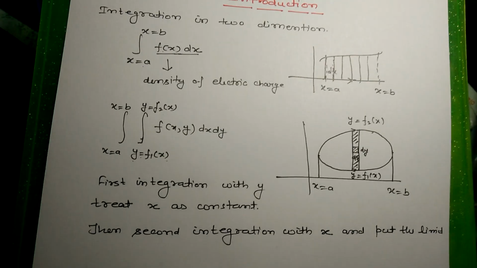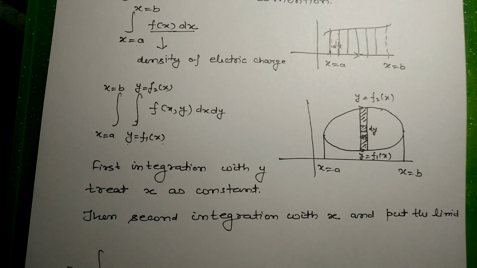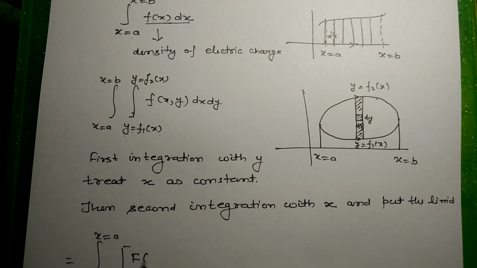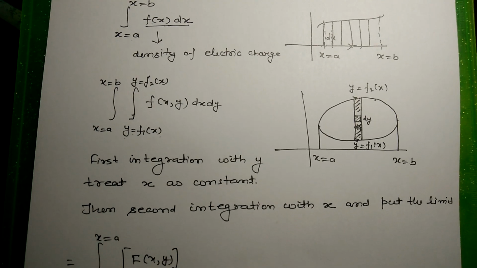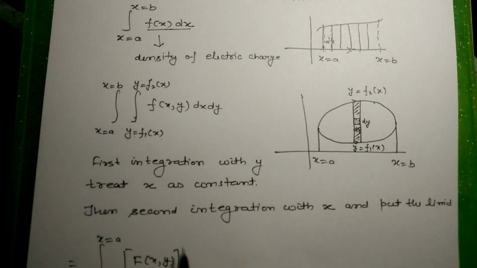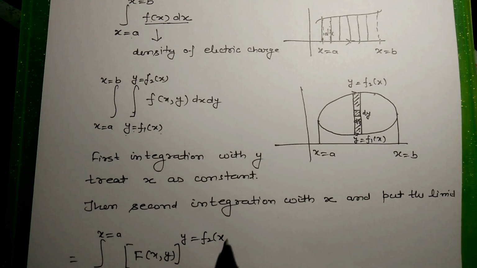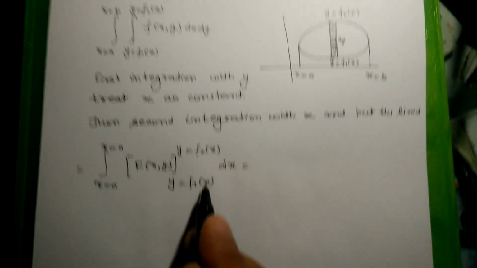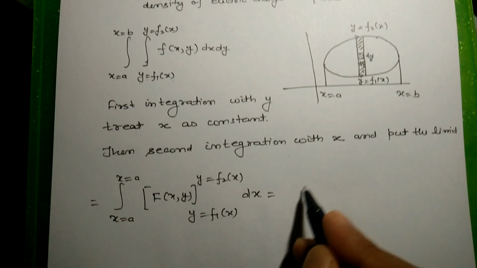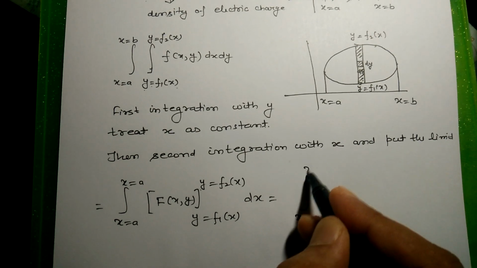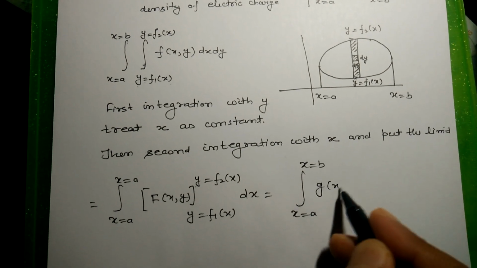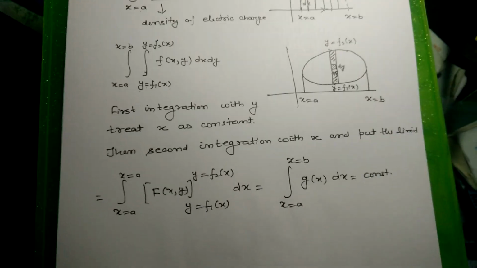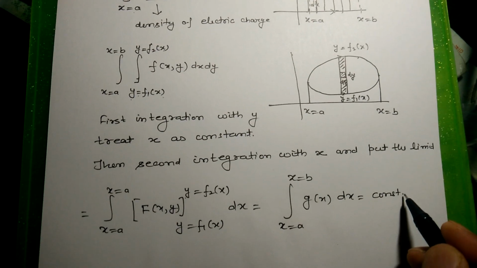For example, in the above case, if you first integrate with y, suppose after doing the integration that becomes a function of x and y, and you substitute y is equal to f1(x) to y is equal to f2(x), then dx. When you substitute y in your answer, it will be totally a function of x. And then you integrate it, it will give you some constant. That will be your final answer. So that's the entire idea.